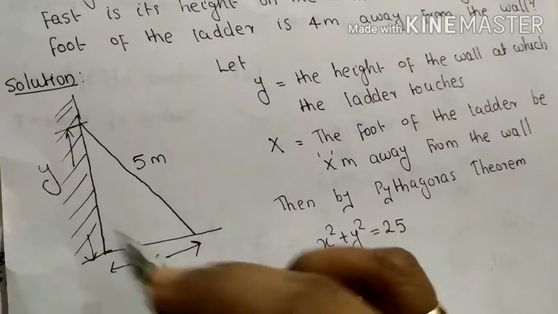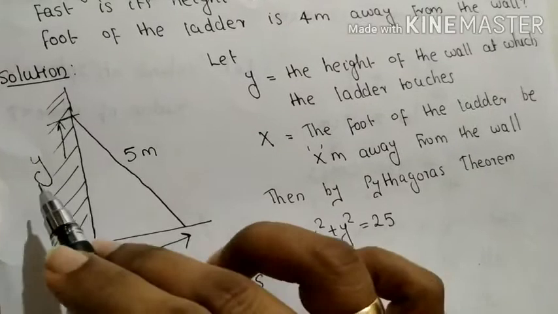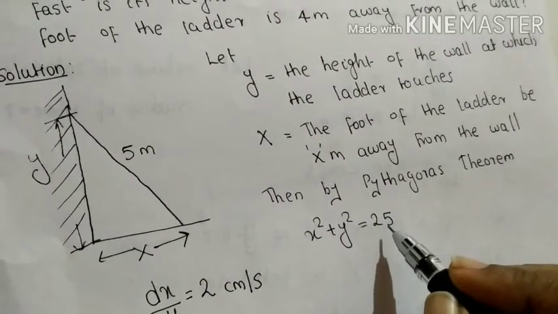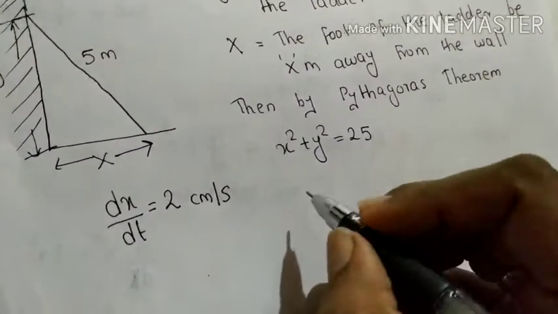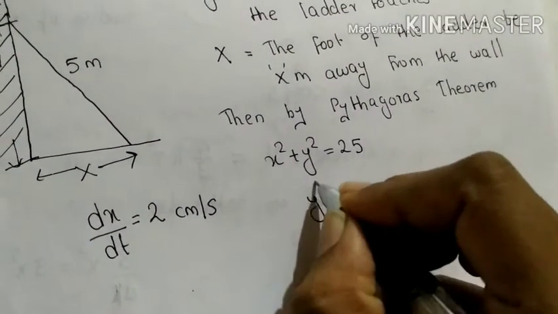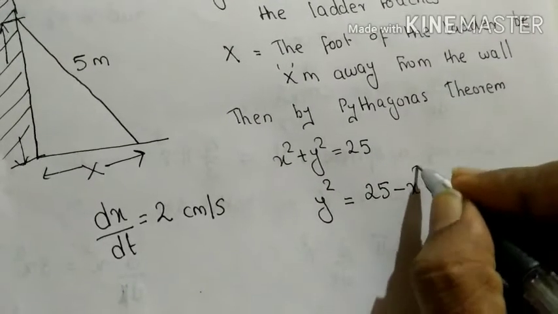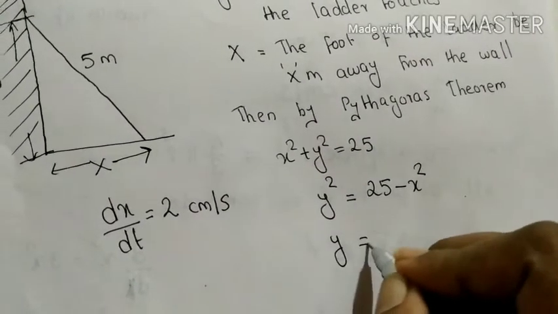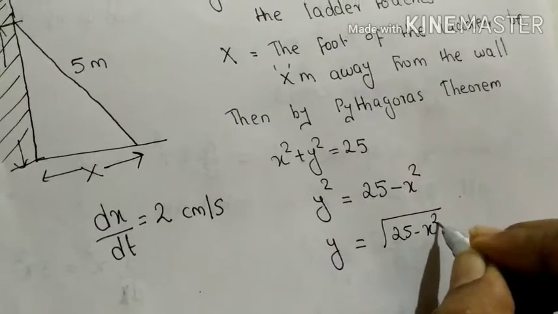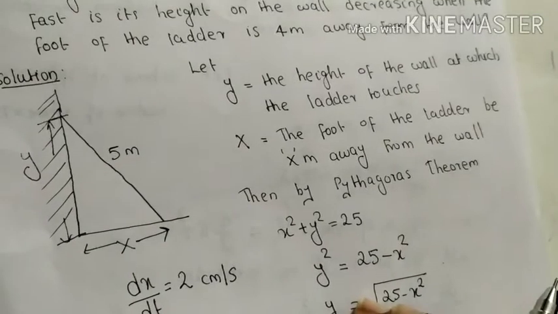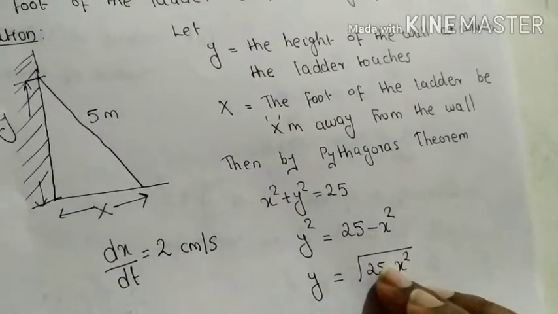by using Pythagoras theorem, we can write it as x square plus y square equal to 5 square, that is 25. Okay, from this y square is equal to 25 minus x square, and y equal to root of 25 minus x square. Here y is the height of the wall at which the ladder touches. Okay.